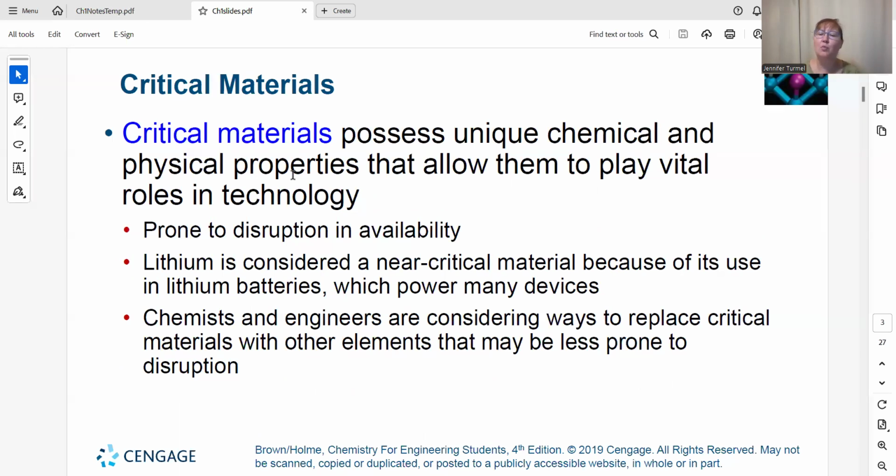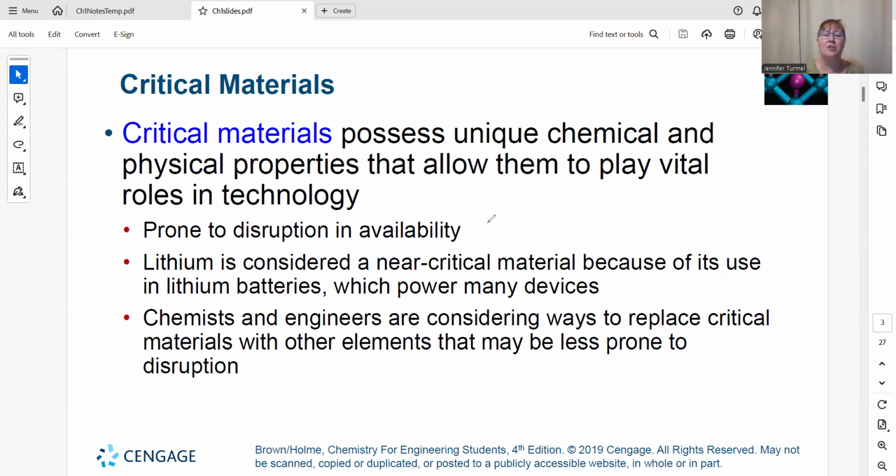This ends up being really important in engineering because critical materials possess unique chemical and physical properties that allow them to play vital roles in technology. And that ends up being really important because sometimes they're hard to find.